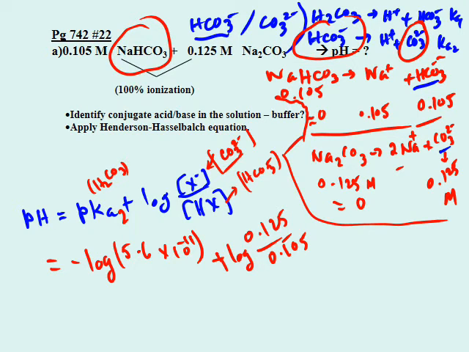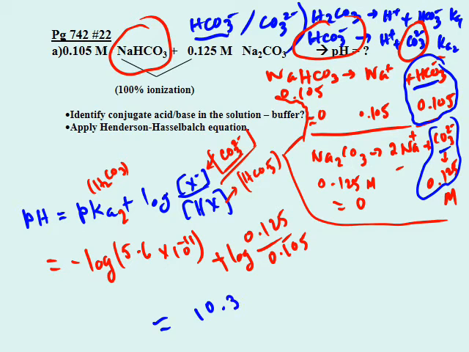And I just plugged in the concentrations of those that we know. For CO3 2 minus, I have 0.125, and for HCO3 minus, I have 0.105. Let me circle these. So when I do the math, what I get is 10.33. So the pH of this buffer solution is 10.33.